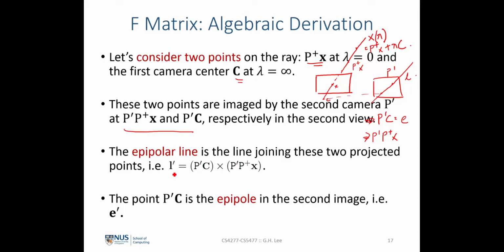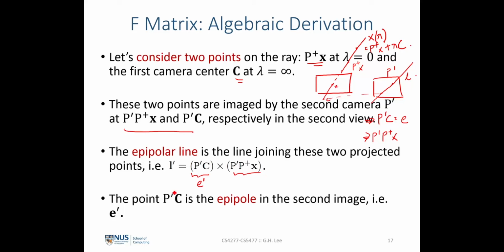Hence, the epipolar line on the second image can be computed as L prime equals the epipole in the second image, which is given by P prime multiplied by the camera center of the first image, cross product with the projected point of P plus X onto the second image, which is given by this equation over here, P prime multiplied by P plus multiplied by X.